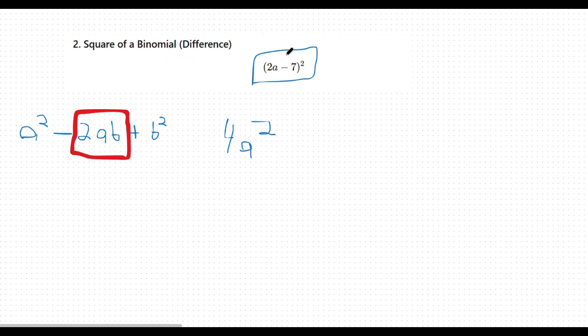Let me explain that. a squared we know is 4a squared. Now we have 2 times a times b. a is 2a, b is 7, so minus 28a. Now b squared will always be a positive number because it's a square, so we have 7 squared, which is 49. That is your answer for question number 2, square of a binomial in the case of a difference.